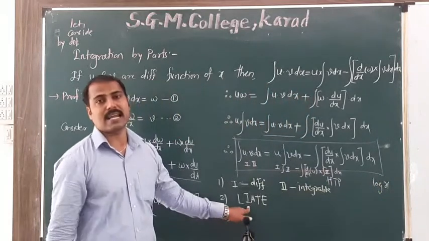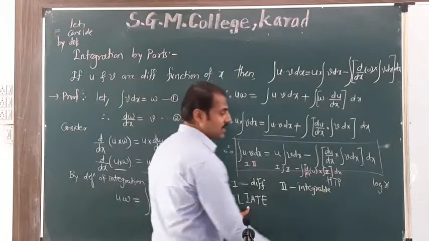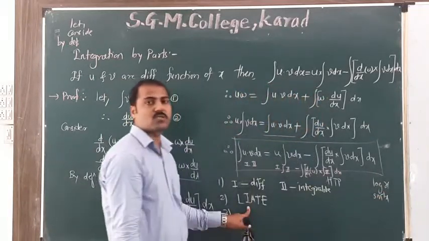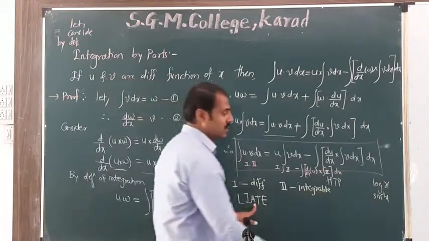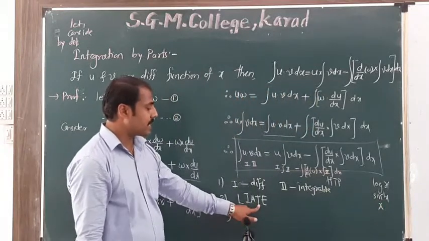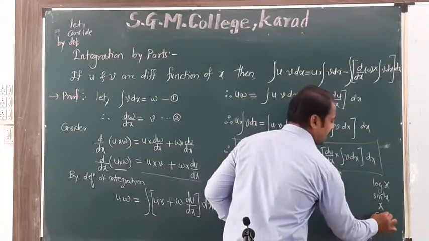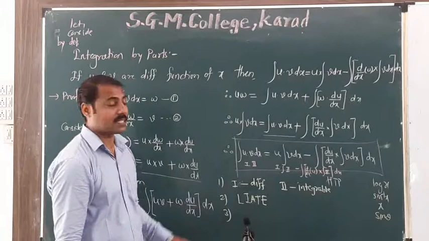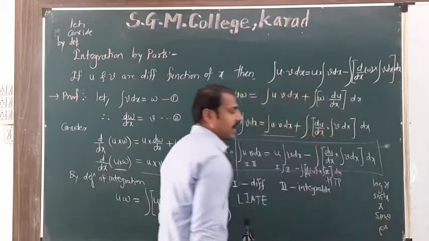I stands for inverse function, yes, sine inverse x, cos inverse x, tan inverse x, sec inverse x, cosec inverse x, cot inverse x. A stands for algebraic function such as x, x square, x cube. T stands for trigonometric functions such as sin theta, cos theta, tan theta. And E stands for exponential function such as e raised to x.